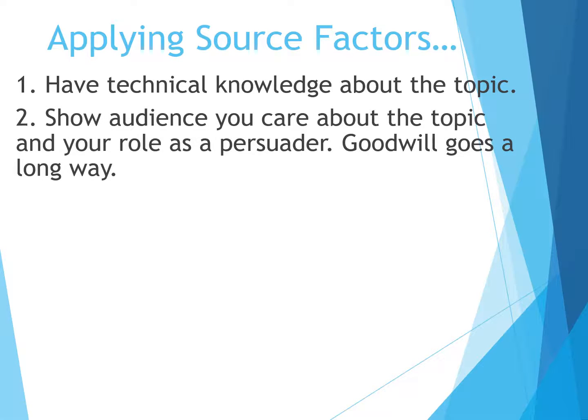The second thing we need to do is we need to show our audience that we care about the topic and we care about our role as a persuader. Goodwill goes a long way. So how do we demonstrate to the audience that we care about this topic?